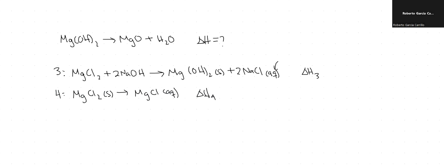Pot number 2, use magnesium oxide and hydrochloric acid to form magnesium chloride and water. This is magnesium chloride in aqueous solution.